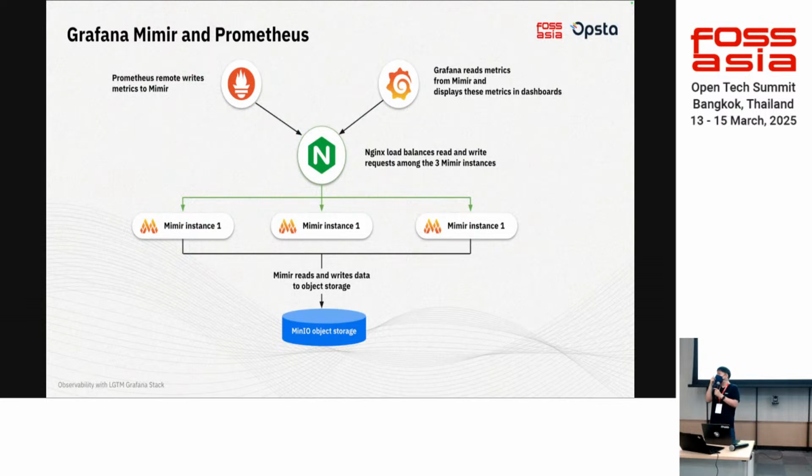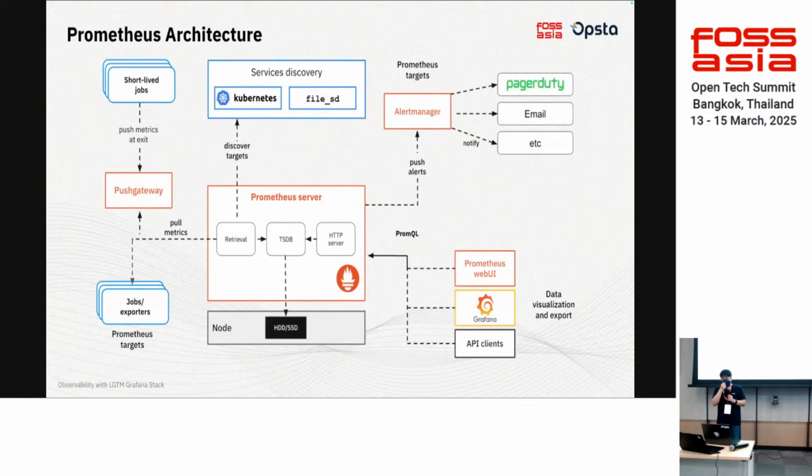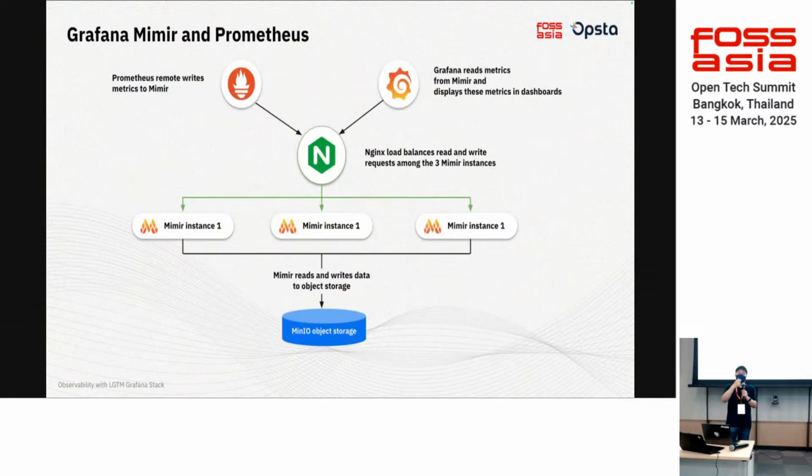Compared with other stacks that use a real database, which consumes a lot of resources and costs too, every component in the LGTM stack stores everything in object storage. We can compare with the Prometheus architecture, where there is no long-term storage anywhere, with Mimir, where we store everything in object storage.